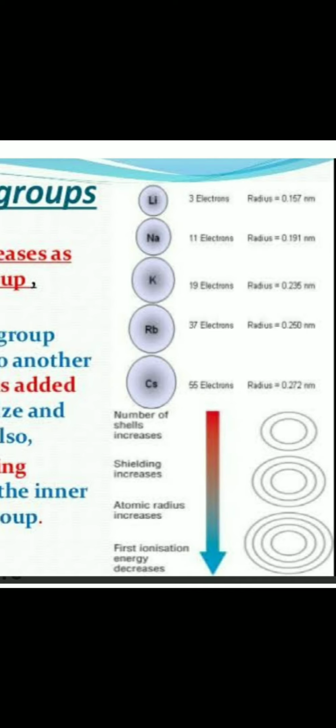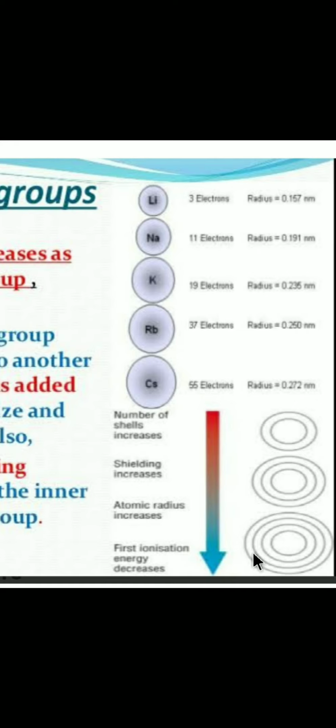So as we go down a group, new shells are added to the elements. Therefore the distance between the outermost electron and the nucleus goes on increasing.